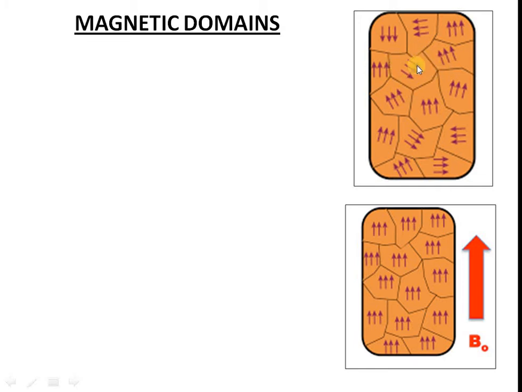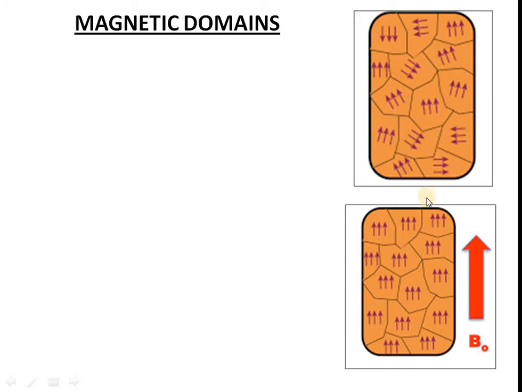And within each domain, the micromagnets are aligned in specific directions. Keep in mind that if you have not applied any field, the domains are aligned in certain random directions. Even though random, still in a particular domain, all the micromagnets are aligned in the same direction. But in the neighboring domain, they will be aligned in some other direction.